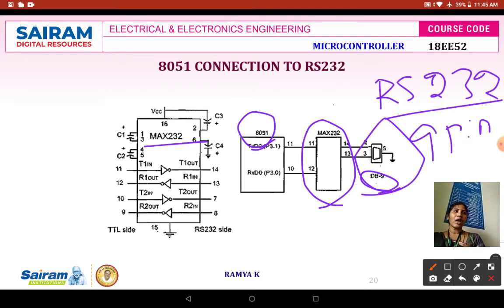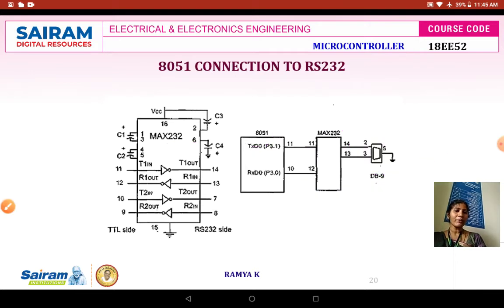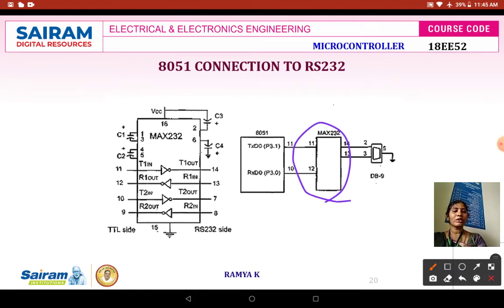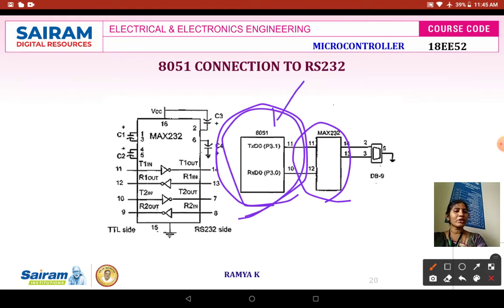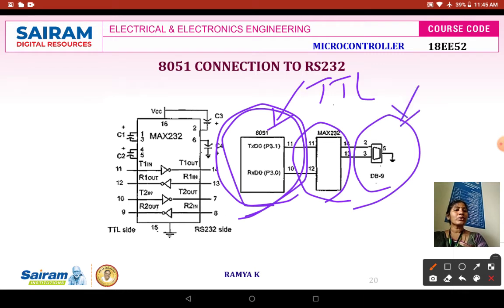Here this RS232, in today's microprocessor or microcontroller, is not compatible with your TTL logic. So we need to drive the logic voltage level of RS232 through the MAX232 so that it is compatible with the TTL logic of your 8051. Your 8051 is compatible with TTL logic, whereas this RS-232 is not compatible with TTL logic.